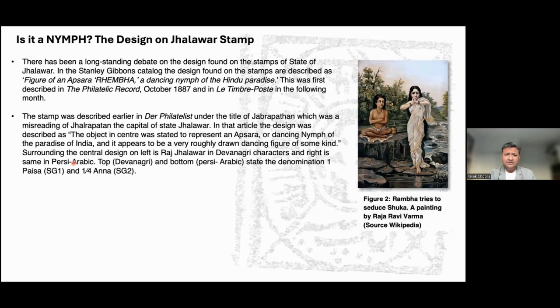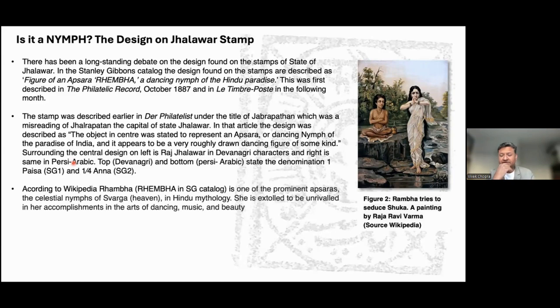Right? So I was never convinced that it was an apsara. And here you can see a picture from Wikipedia, which was painted by one of the famous painters of 1800s India, Raja Ravi Varma, where he paints Rambha, who was supposed to be stunningly beautiful, and here she's trying to seduce a sage known as Shuka.